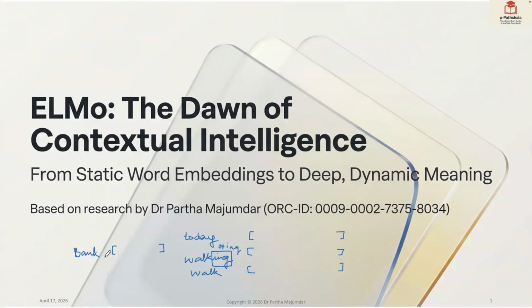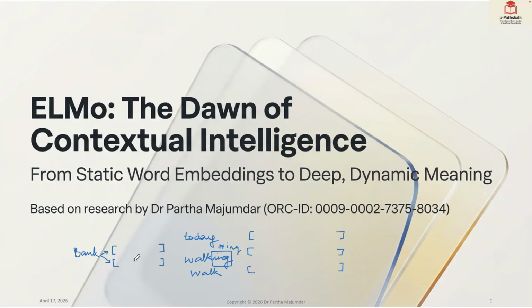So I have to find a way so that it is dynamic, not static like the way we have right now. I should have two different representations of the same word bank: one when I'm using it as a financial institution, and one when I'm using it as a geographical feature. So this is what we will try to achieve today.